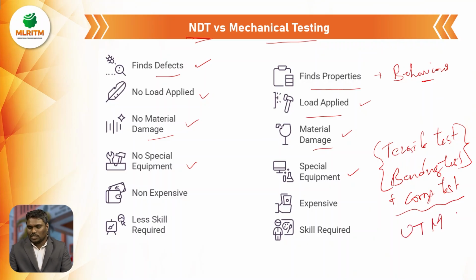A UTM is a very huge, special machine used to conduct the tensile, bending and compression tests. In NDT, no special equipment is required, which is one of the beneficial points. And the next one is that it is much less expensive compared with mechanical testing.